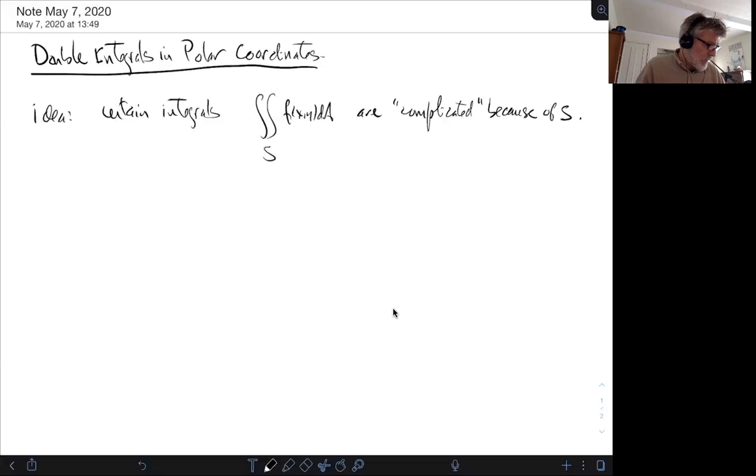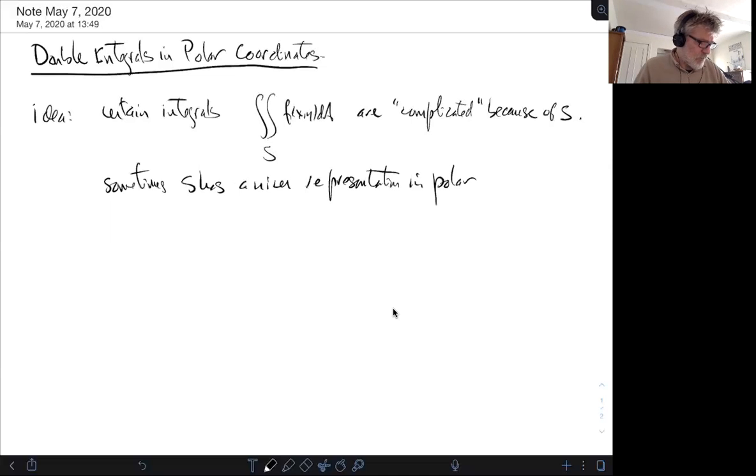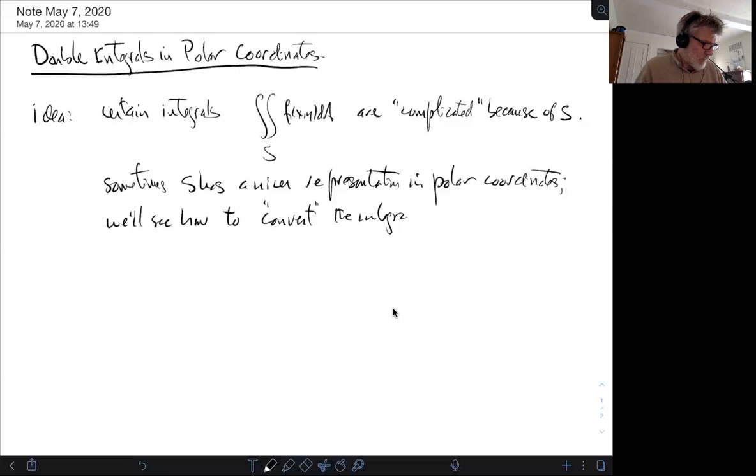So often, or sometimes I should say, S has a nicer representation in polar coordinates, and so we'll see how to convert the integral to use this.